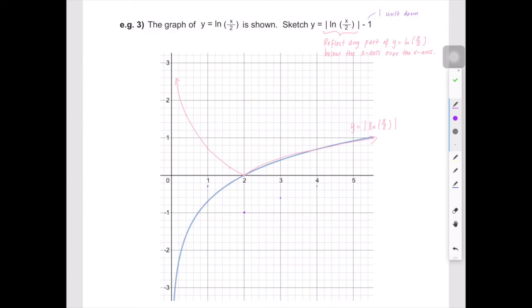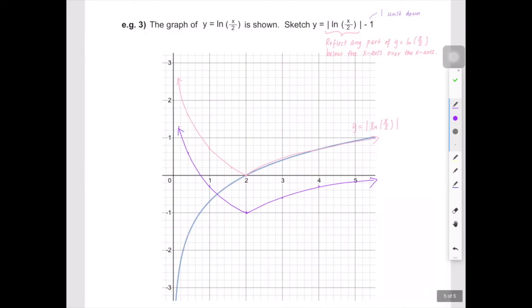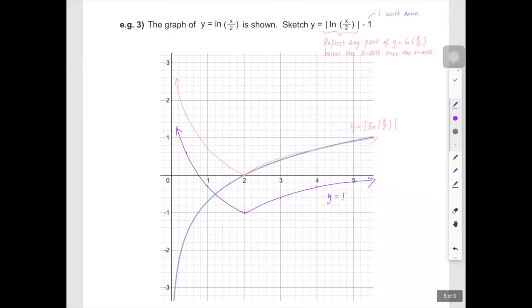Okay. And then let's get another point over here. So 3. Okay. So here we go. Good enough. And this is our final sketch. y equals the absolute value of ln x over 2, absolute, and then minus 1.